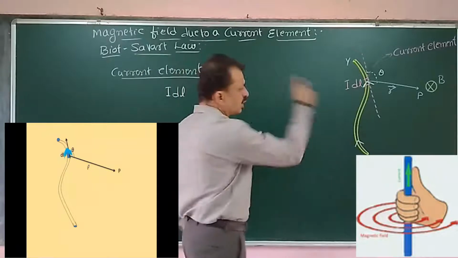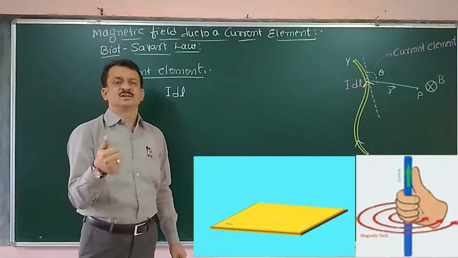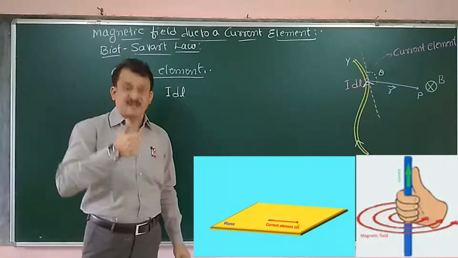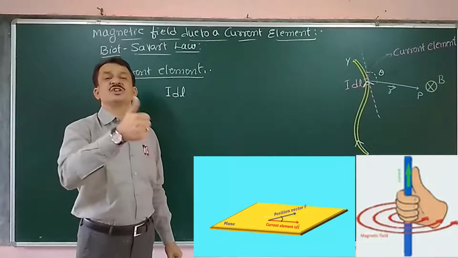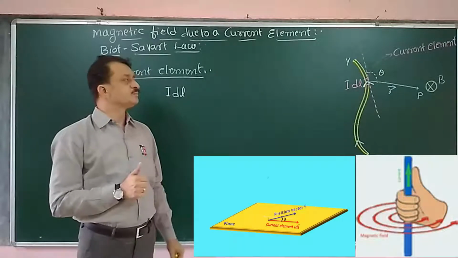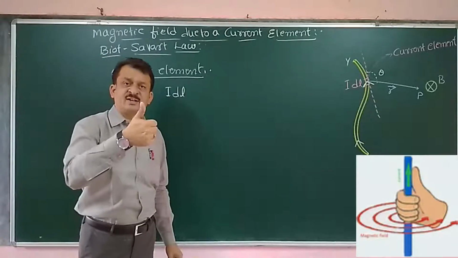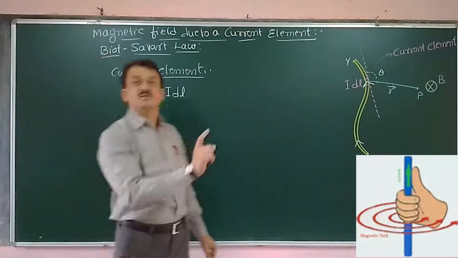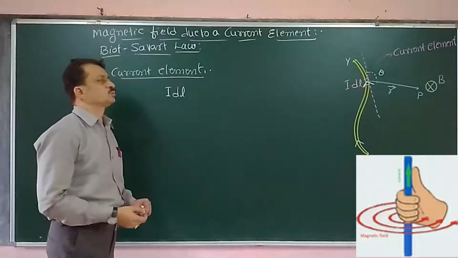If you hold a current carrying conductor in your right hand, with the four fingers encircling the conductor and with a stretched thumb, then the thumb indicates the direction of the current and the encircled fingers represent the direction of the magnetic field around it. That concept we know.